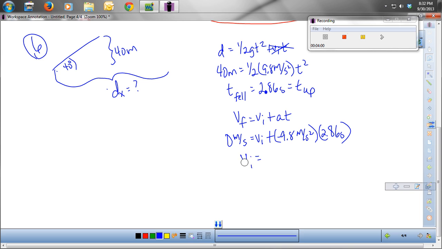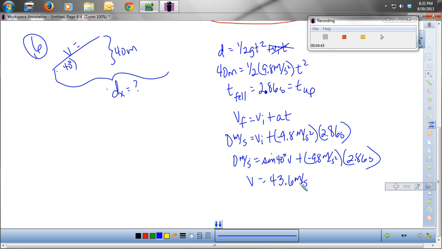Need to make a fix. Okay. So that's 0 meters per second. And Vi is going to be the sine of 40 degrees times V, plus my negative 9.8 and my 2.86 seconds. So I did that math and I solved for V, which is this hypotenuse right here. And when I got that hypotenuse, I got 43.6. So now I'm finally getting somewhere.